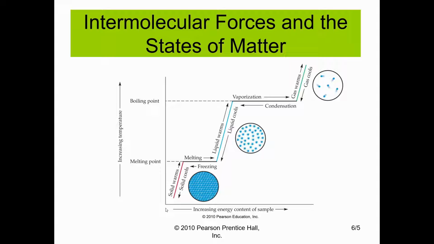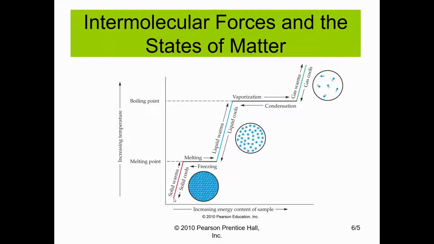As we increase the energy content of the sample, the temperature also increases, right? As we increase the temperature of the sample, the energy content increases. As the energy content increases, the amount of energy within those bonds and the rate of their vibration and movement increases, and they expand further and further apart.